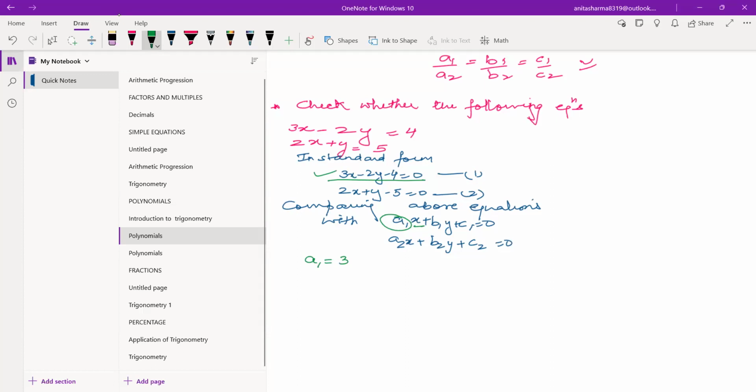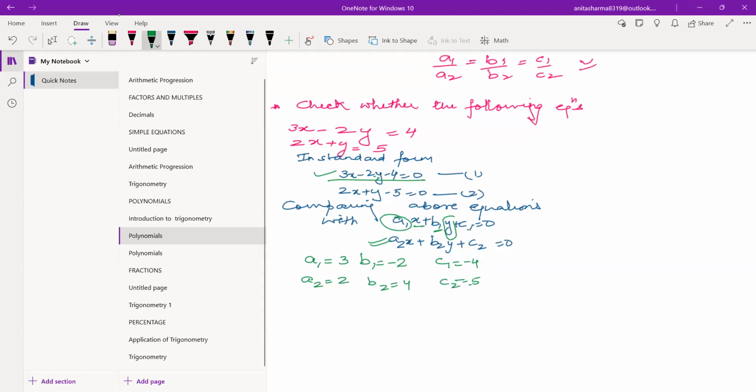In the same way, the coefficient of y is b1, and here it is minus 2. So you will write b1 is equal to minus 2. Then c1 will be equal to minus 4. Clear? Now again take the second equation. So the value of a2 will be 2, b2 will be 4 and c2 will be minus 5.